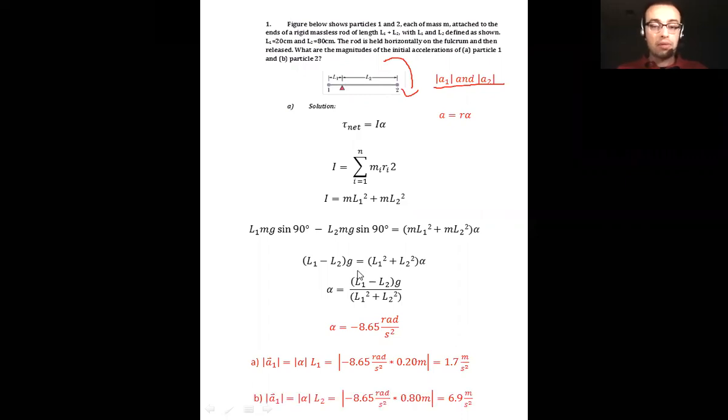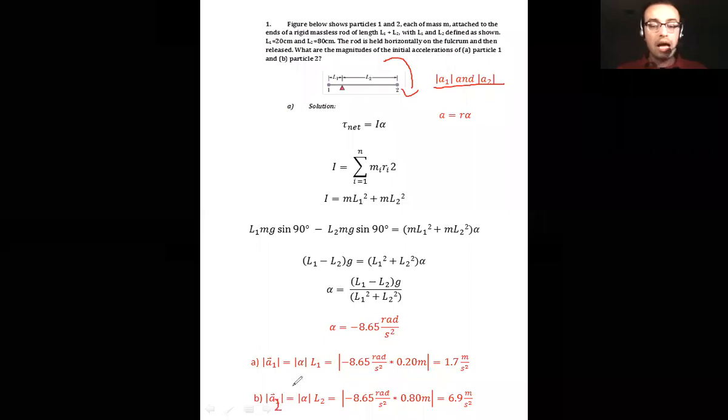And if we do the same thing and we're looking at a2 instead, we have the magnitude of a2 equal to angular acceleration times L2, and that's negative 8.65 radians per second squared times 0.80 meters, or 6.9 meters per second squared.